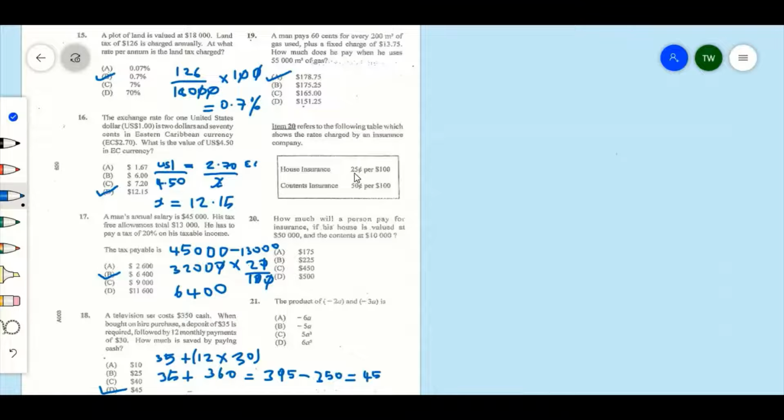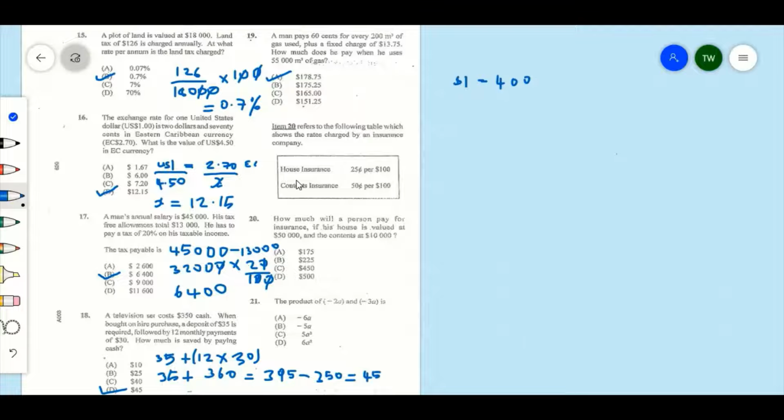So for 100 cents, it would be $400. And 100 cents is equivalent to $1. So our new rate would be, for $1, that would be equivalent to $400, right?